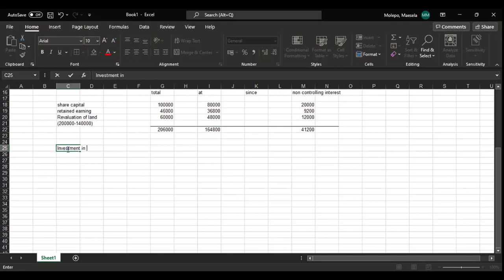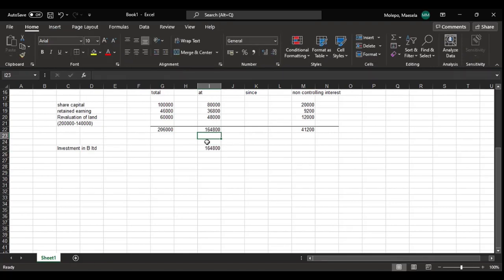So it means there is no goodwill. This less this, it means it's nil. There is no goodwill here, or purchase difference.